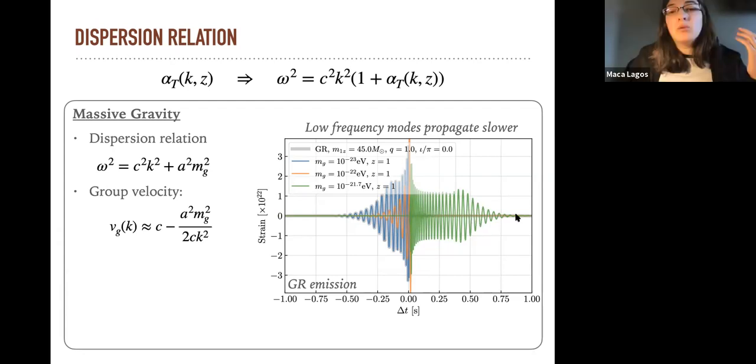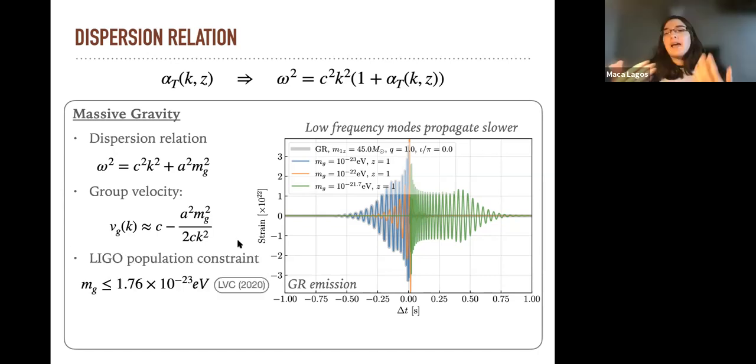Now, clearly, we don't see anything like this with LIGO, so we should be able to do constraints on the mass, right? And indeed, using the entire population of current confirmed events by LIGO, these are the constraints that the LIGO-Virgo collaboration has imposed. So the mass has to be more than 10 to the minus 23.